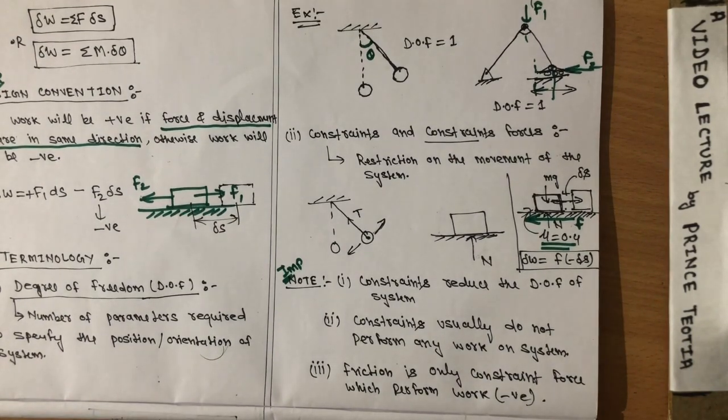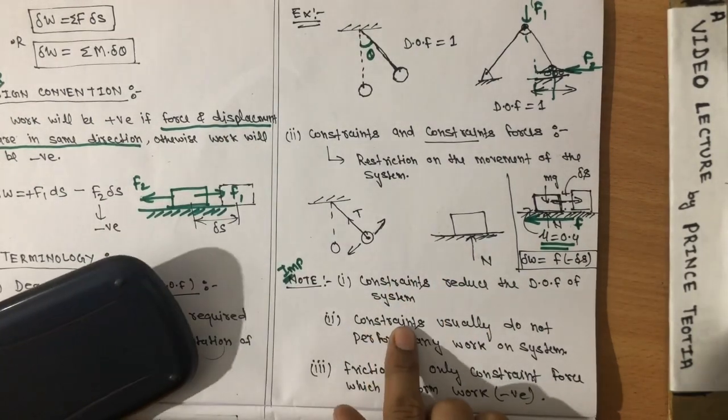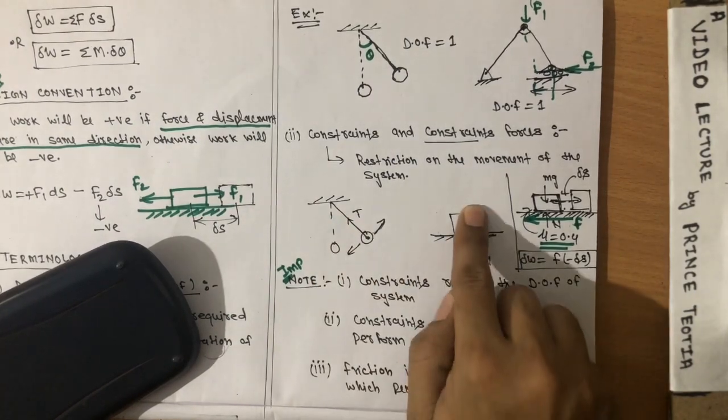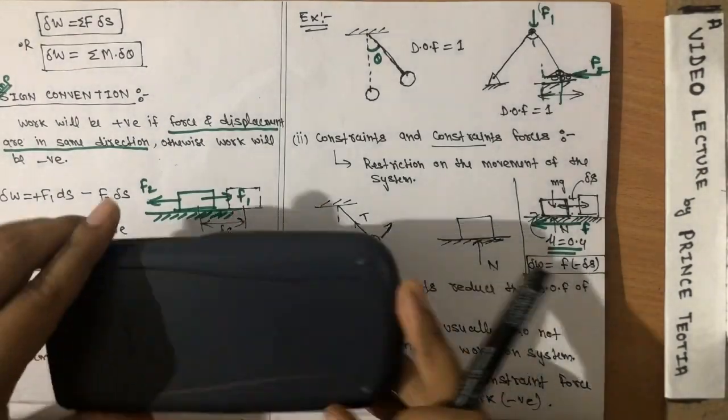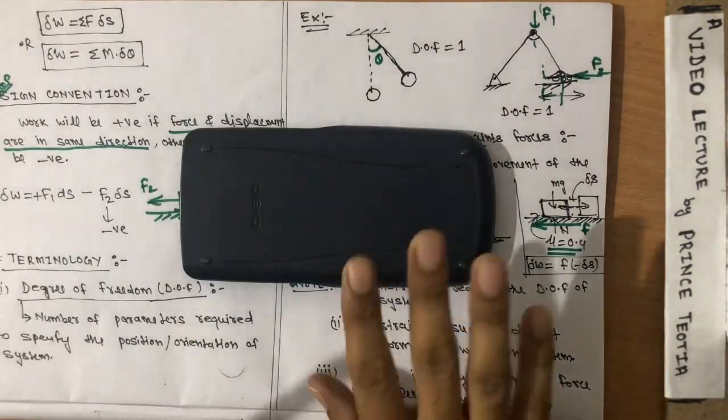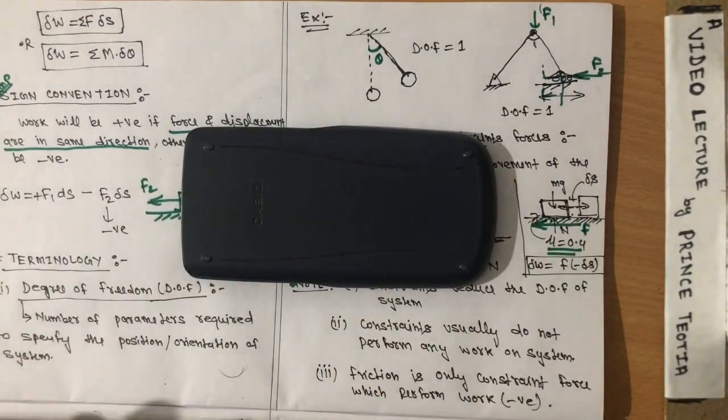First you should know how friction acts as a constraint. We know a constraint blocks the motion. Let's assume this is a rough plane and this is a block on this plane. Definitely it is in equilibrium.